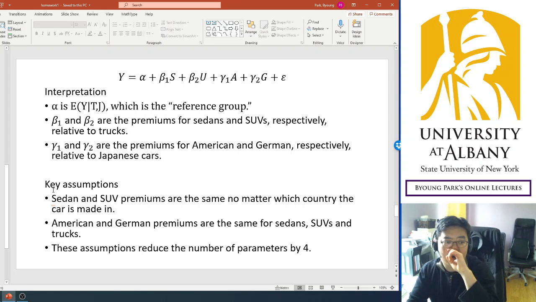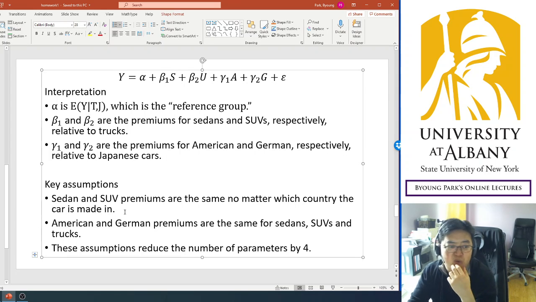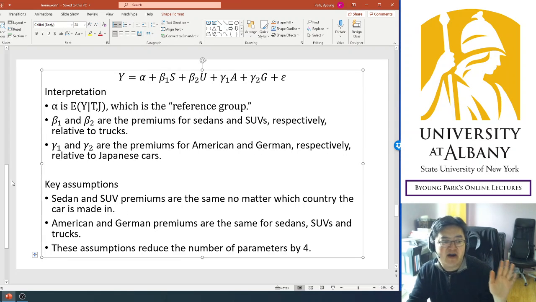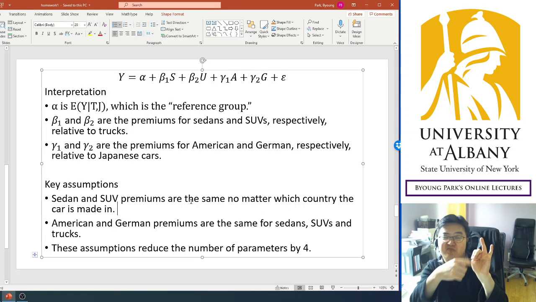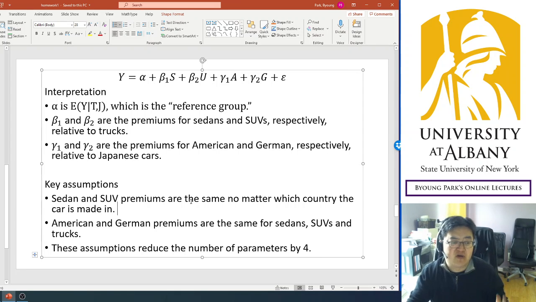This will reduce 2 parameters. Originally, you had to define a sedan premium for American, for German, and for Japanese. But by assuming that these 3 are the same, you are reducing 2 parameters. And same for the SUV premiums.